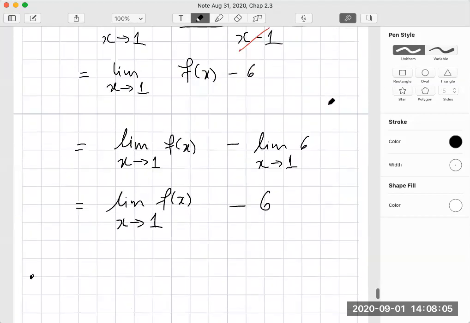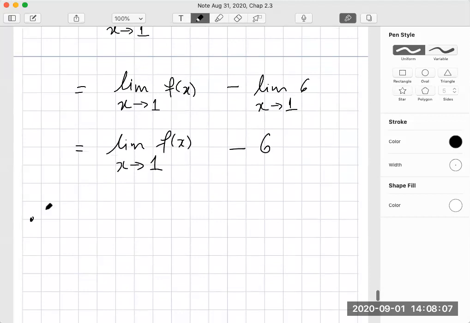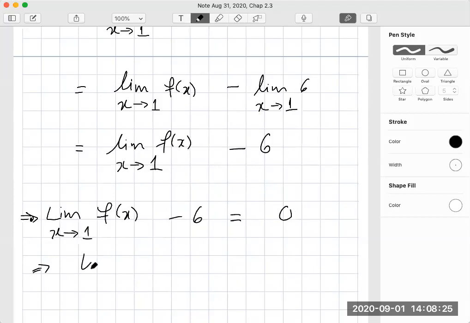Therefore, the limit of f of x when x approaches 1, minus 6, should be equal to the right-hand side. And now we add 6 to both sides. Therefore, the limit of the function f of x when x approaches 1 will be 6.